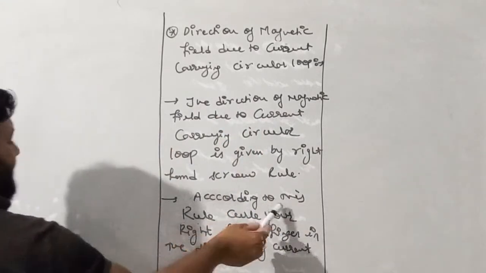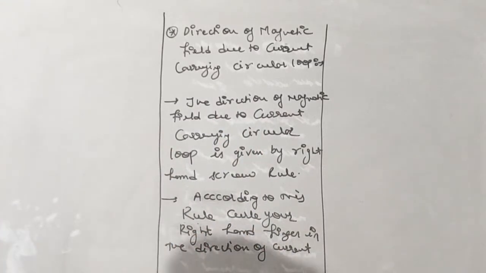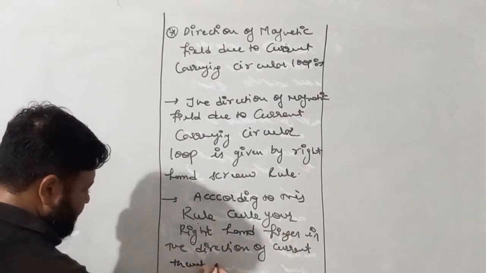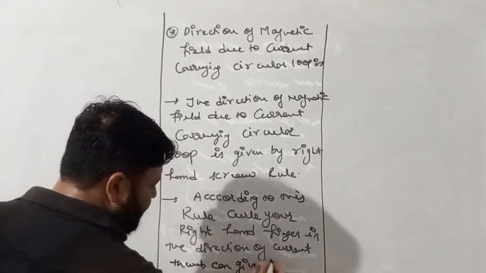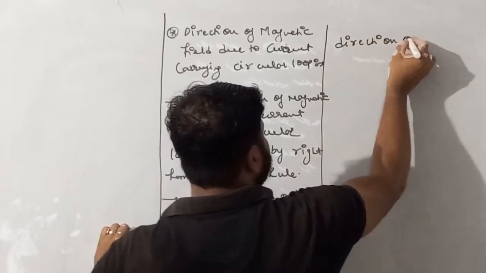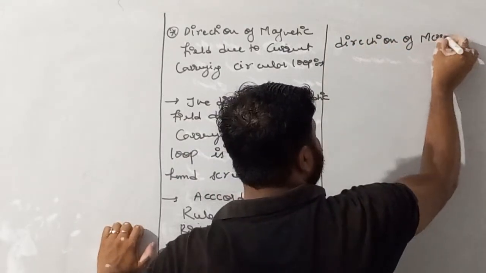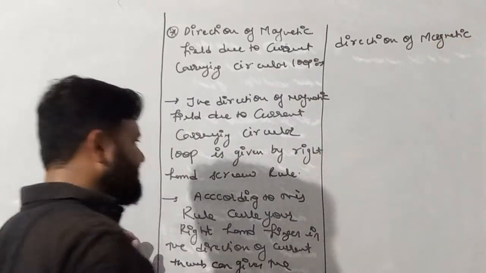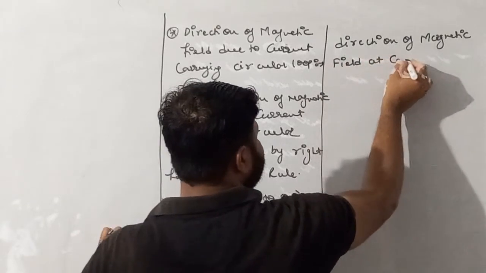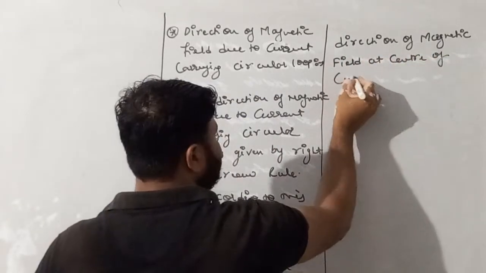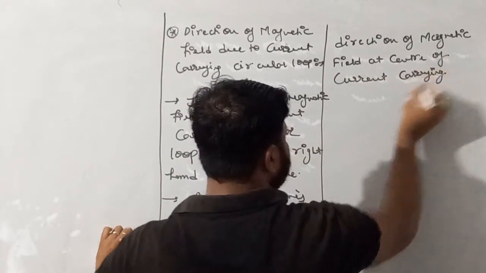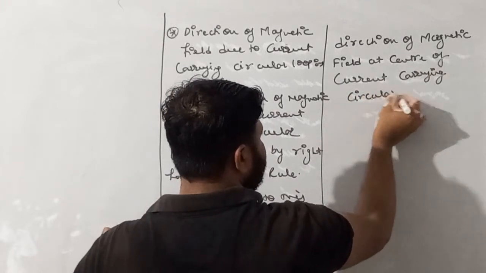So see, according to this rule, curl your right hand fingers in the direction of current. The thumb gives the direction of the magnetic field at the center of the current carrying circular loop.